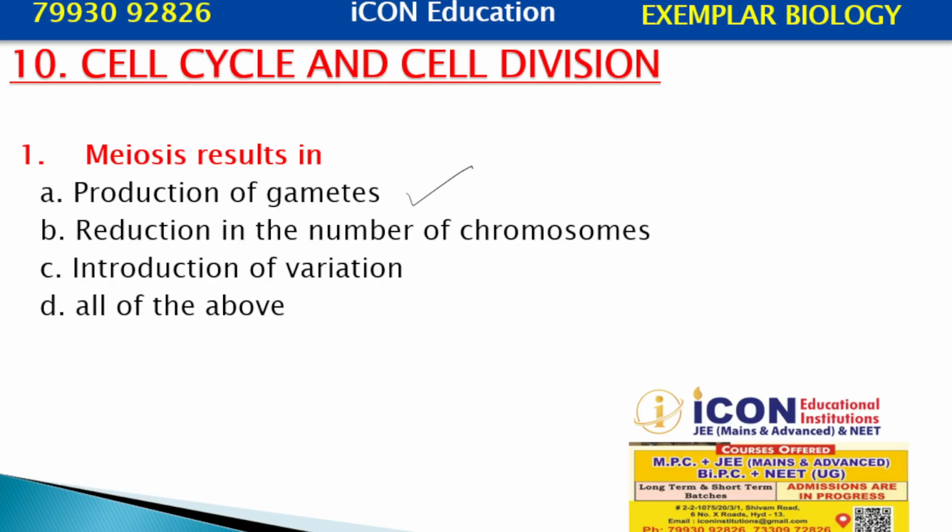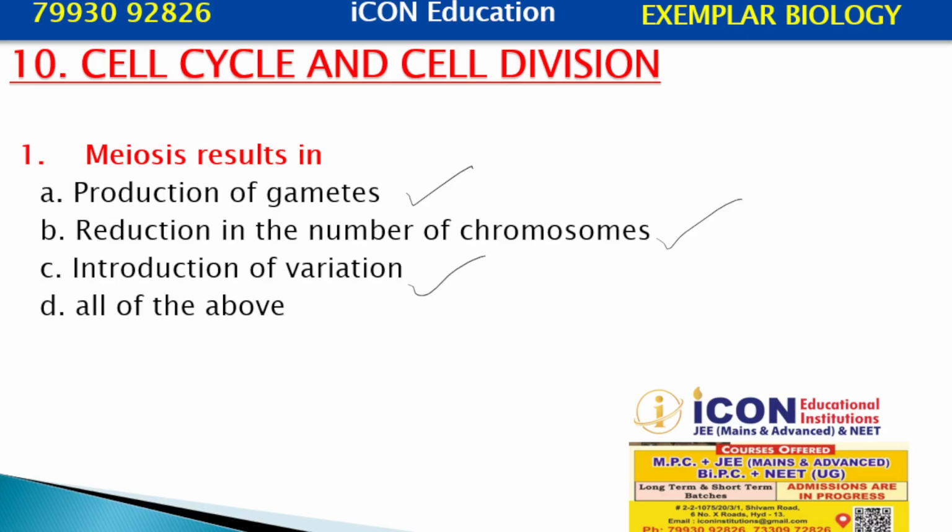Option B, reduction in the number of chromosome. Yes, this is also correct because the gametes will have half the number of the chromosome when compared to the parent cell. Option C, introduction of variation. This is also a correct answer because meiosis shows variation.